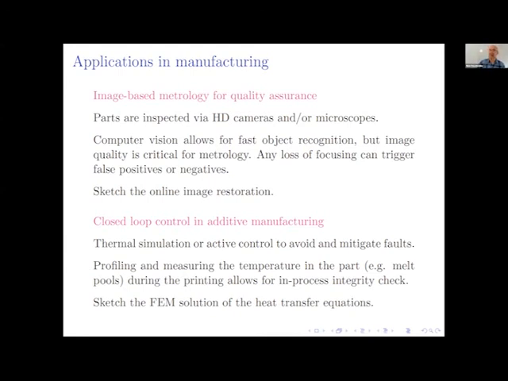And they want to see whether they are overheating or underheating so that they can adjust the intensity of the beam or reroute it in some way, because if they don't, there is a chance that the part, after it gets manufactured, will have some structural faults. So again, the computational issue here is to sketch the heat transfer as it happens inside the 3D printer using some numerical solver like the ones we use in engineering.